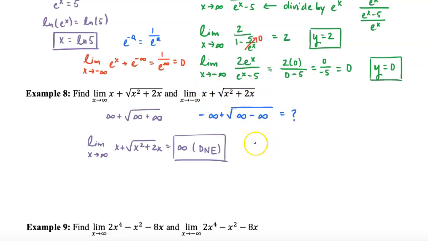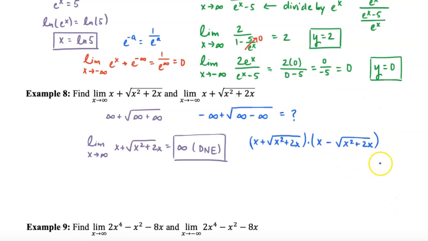So I'm going to multiply x plus the square root of x squared plus 2x. I want to multiply this by the conjugate, which means I'm just flipping this middle sign, and let me put parentheses around the two terms. I'm just flipping this plus sign to a minus and leaving everything else the same.